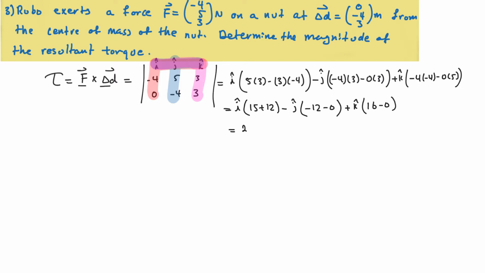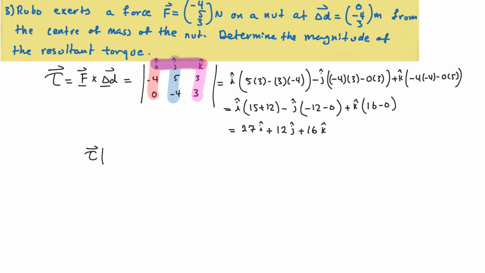And this will give me 27 times vector i minus, and minus here, negative and negative make it positive, 12 times unit vector j, and for my vector k, I get plus 16 in the unit vector direction of z. Now the vector that we got here, and I forgot to put the vector sign, is the vector, and we want to find the magnitude.